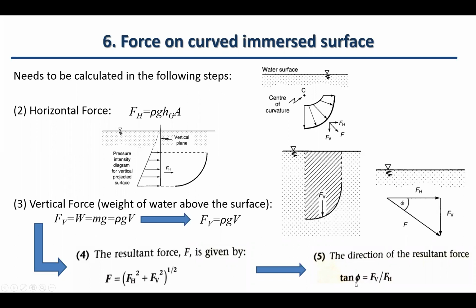So tangent phi is equal to the ratio of FV, the opposite side, to FH, the adjacent side, or the ratio of FV to FH. Okay, so that's tangent phi, or phi, for this calculation. I'm going to give you two examples of these forces in the next presentation.